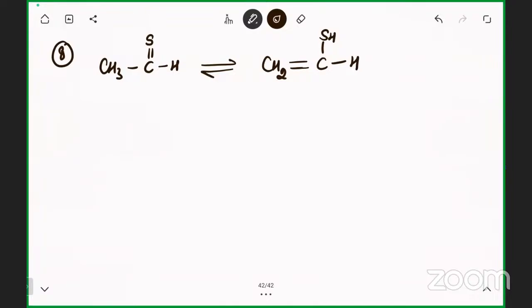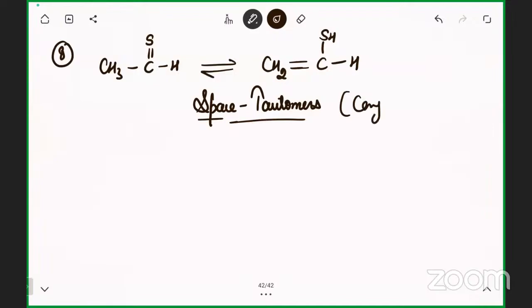So let's start with the space tautomers. Space tautomers is totally based on the conjugation system. Certain things you have to remember: conjugation is on alternate positions, and you can say resonance all occurs on the alternate positions.